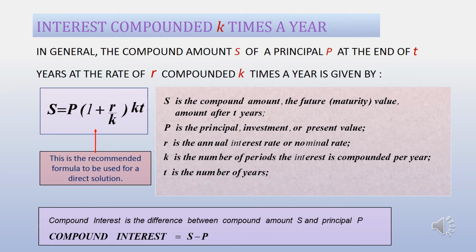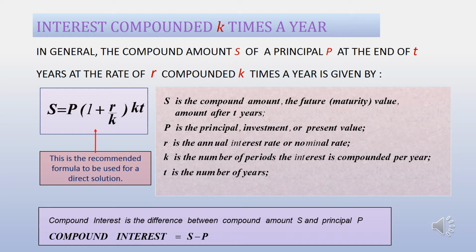Now, we can finally conclude that, in general, the compound amount S of a principal P at the end of T years at the rate of R compounded K times a year is given by S equal to P multiplied with (1 plus R over K) to the power of KT.